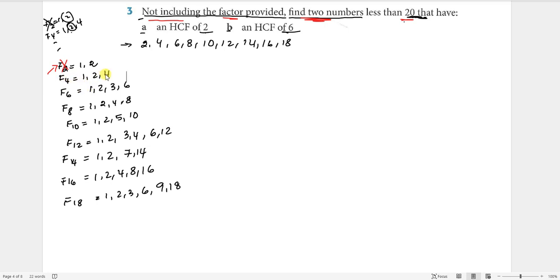F4: see if 4 is appearing as a factor in any other number. Yes, it is. It is appearing in F8. So we are going to cancel out F4. Okay, let's check from here.